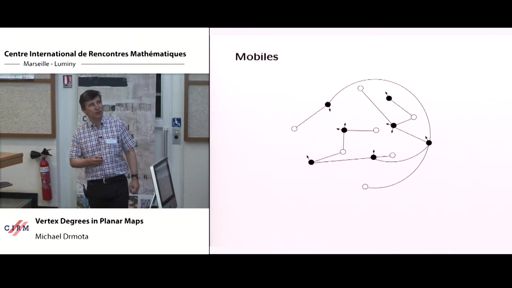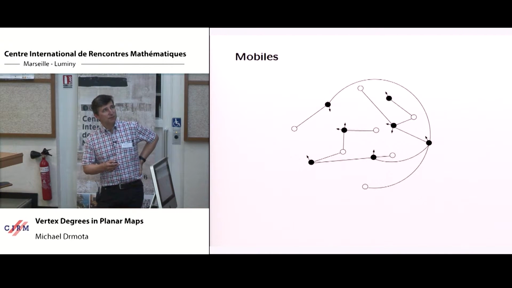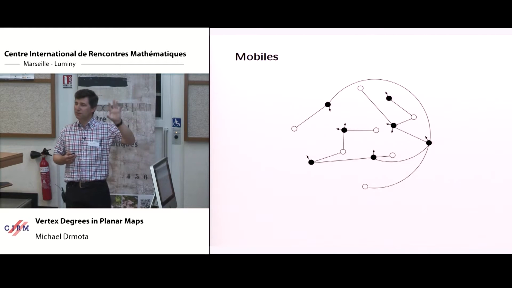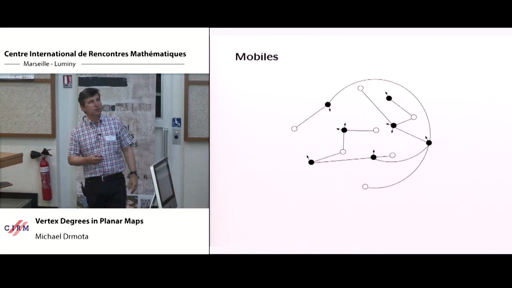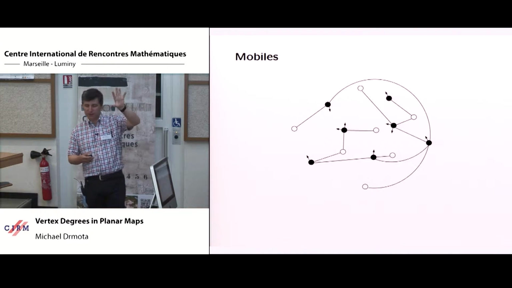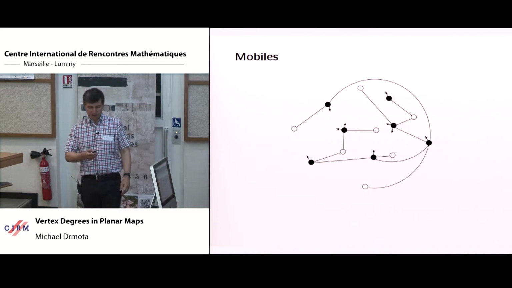So here you have two legs. And be careful, if I put this leg here to this corner, then it's a different mobile because it's planar. So it's always embedded into the plane. So you have to be careful to put these legs, and of course you also have to be careful to put it into the plane as it is. So this is a mobile.